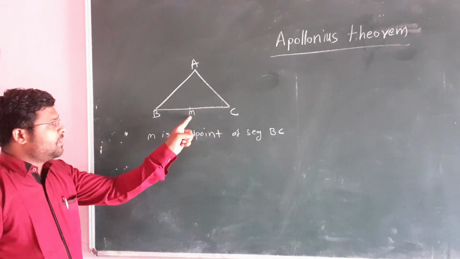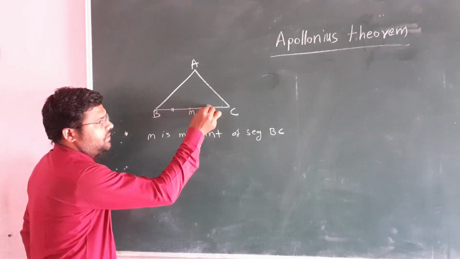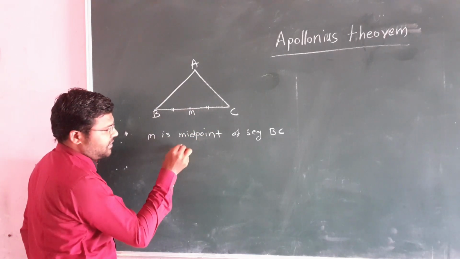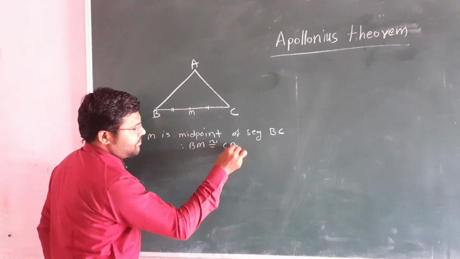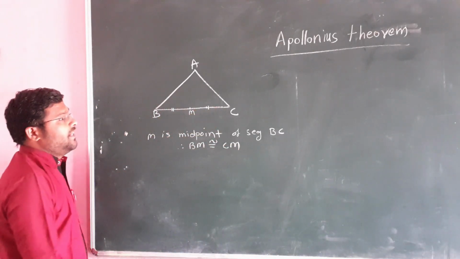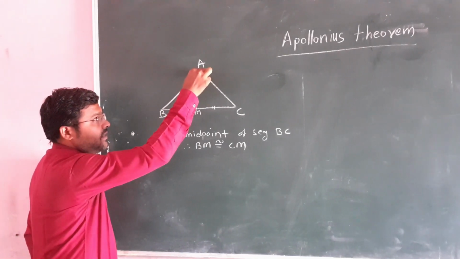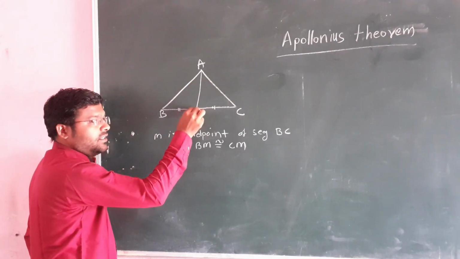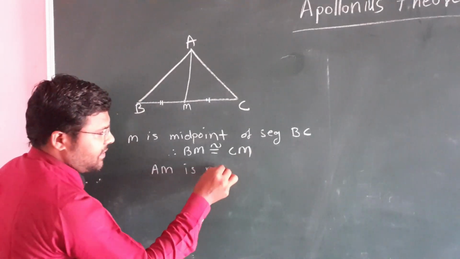If M is the midpoint, then BM is equal to CM. BM and CM are congruent. Now I draw a segment from vertex A to point M. M is the midpoint, that means AM is the median.